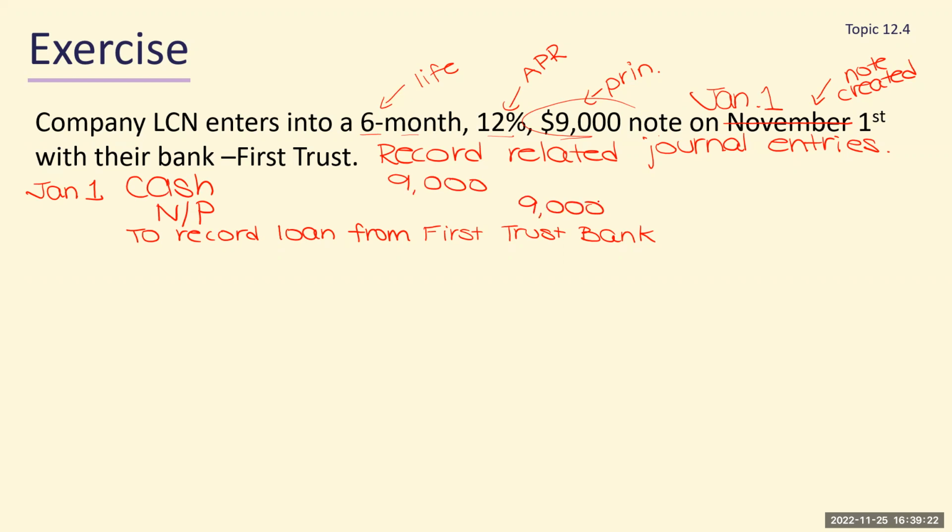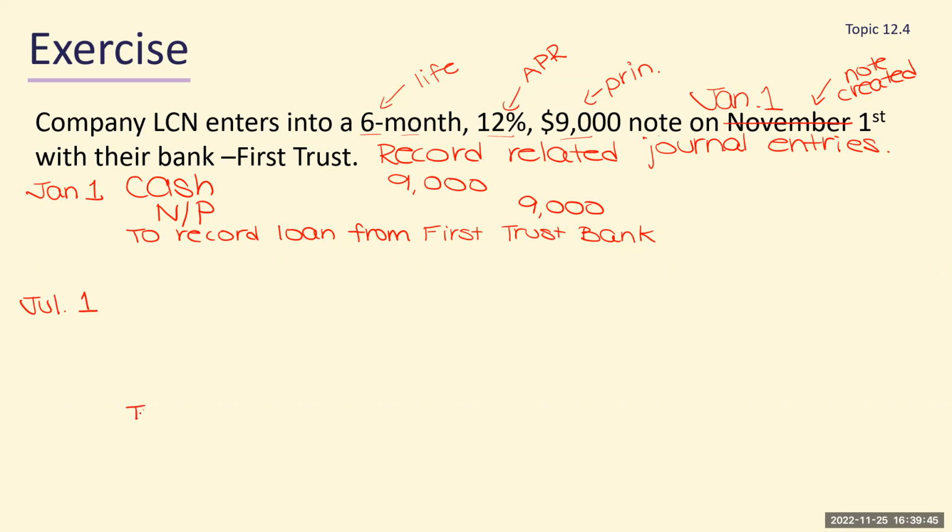Now, the next time we make a journal entry is at the note's maturity, 6 months later. February, March, April, May, June, July. So July 1st is our maturity date.